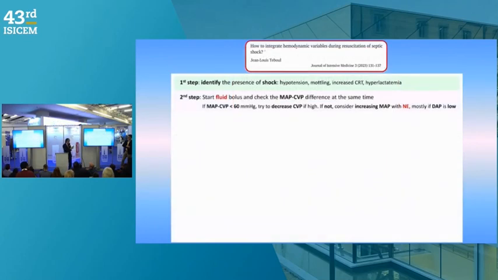So, if this difference, MAP minus CVP, is less than 60 or around, try to decrease CVP if it is high, but in shock it is very difficult to do this, except if you manipulate the mechanical ventilation, trying to decrease a little bit tidal volume and PEEP in order to have less impact on CVP. Otherwise, in the majority of cases, you have to increase MAP by a vasopressor here, especially if diastolic arterial pressure is low, because diastolic arterial pressure is a good marker of vascular tone.